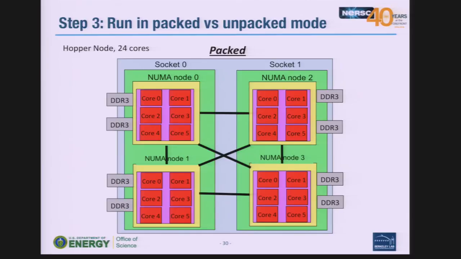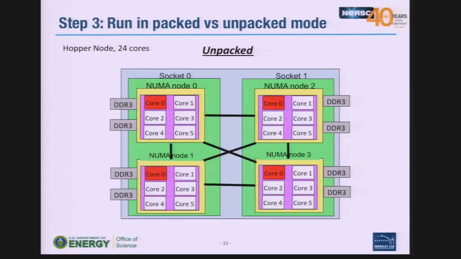Okay, so the third step I'd like to encourage people to do is to run your code in what we call both packed and unpacked mode. This is a Hopper node, and what I'm calling packed is when you use every single core on the node. What I'm calling unpacked is when you only use, say, 1 core in this NUMA domain.